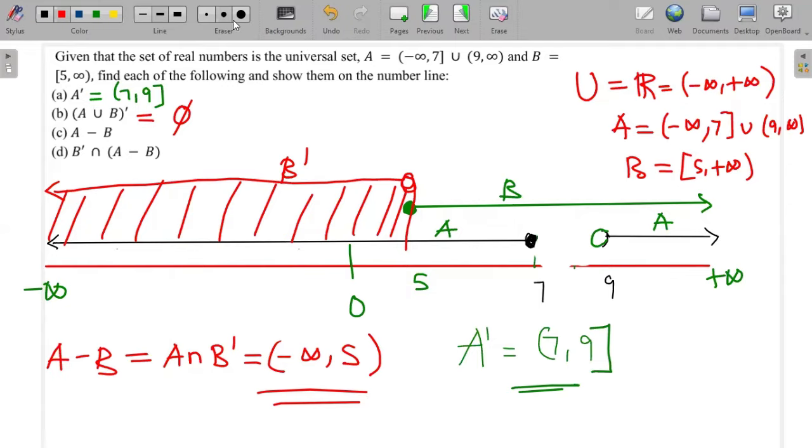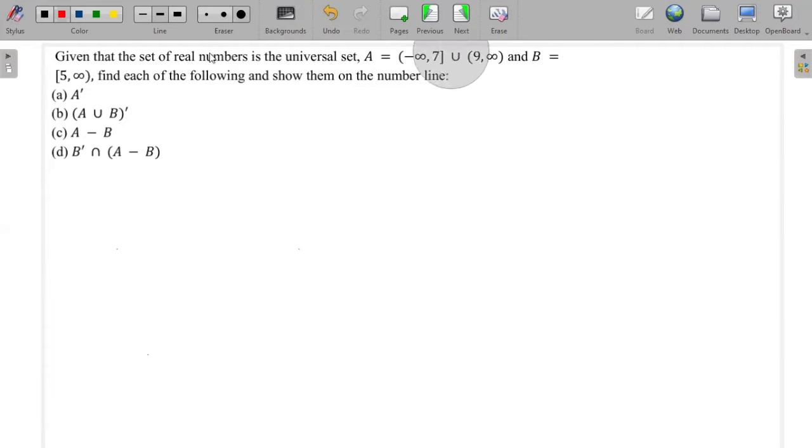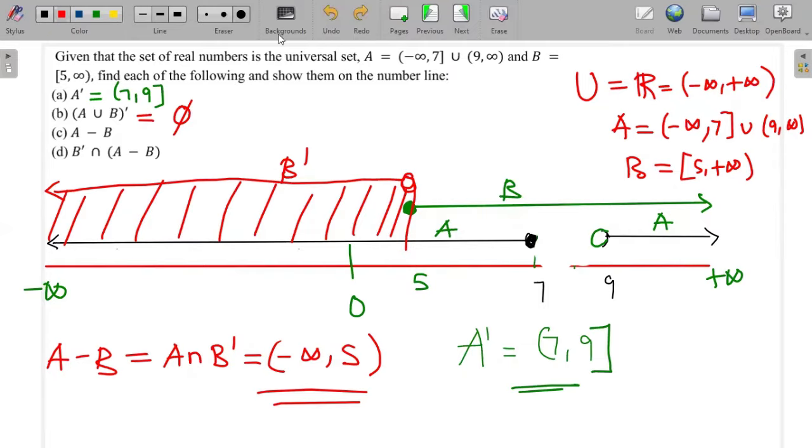Okay, if there are no questions, let's look at the last one. Maybe I should leave this first; this thing can lead me to the answer. The last one they're saying is B complement intersection A minus B. So A minus B is this, and then we are intersecting it with B complement.